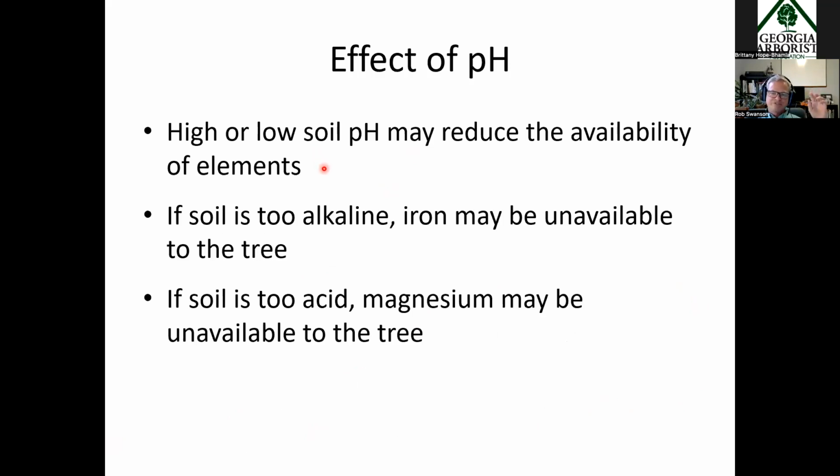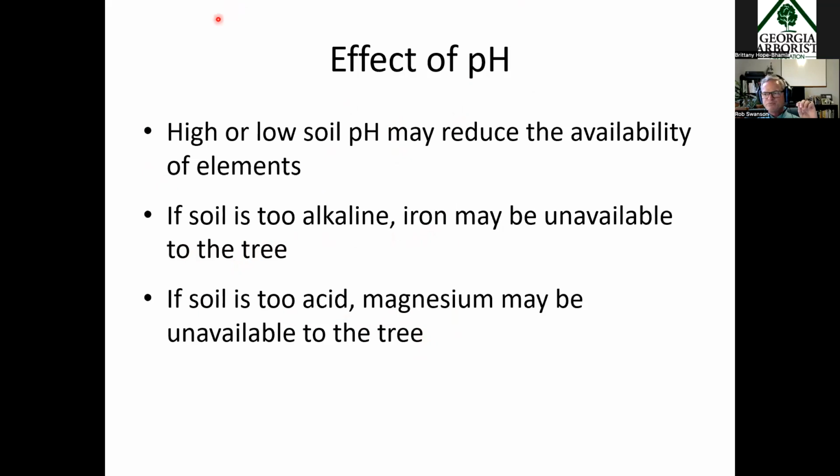So the higher it is, it's almost like a magnetic attraction, if you could think about it, pulling in these cations and how they're going to retain or be released. So this is greatly affected by soil pH. If the soil is too alkaline, iron may be unavailable to the tree, and if it's too acidic, magnesium may be unavailable to the tree.